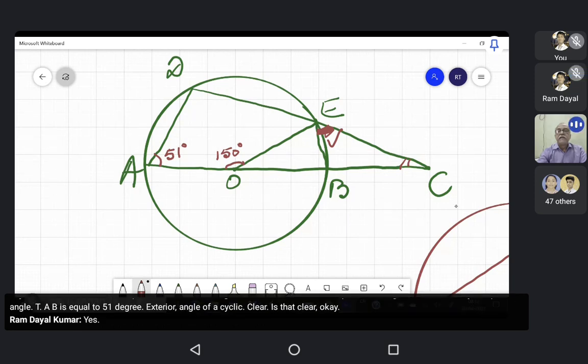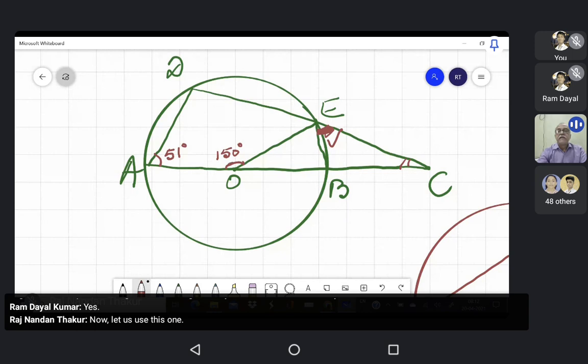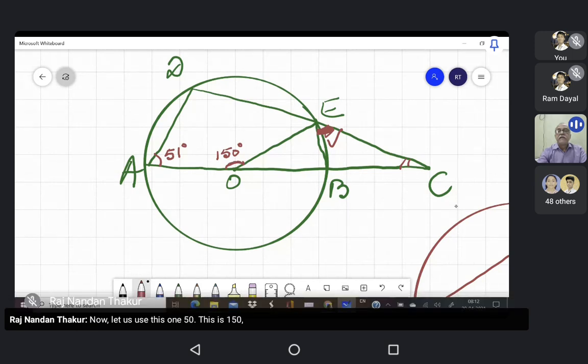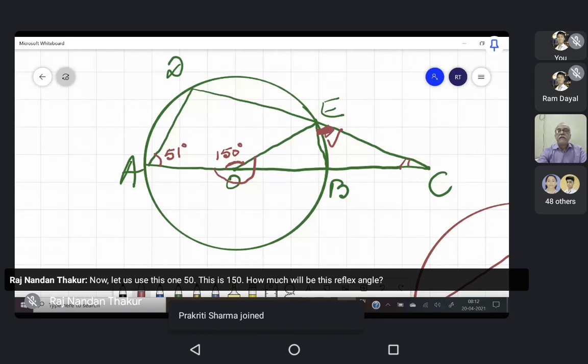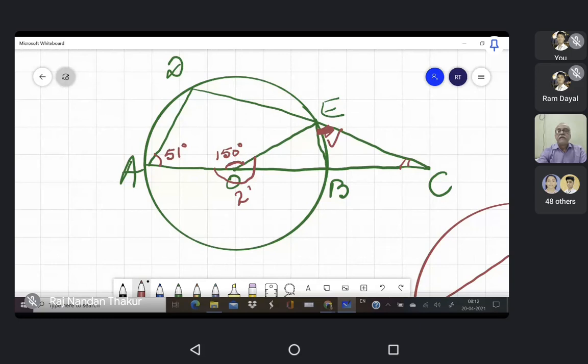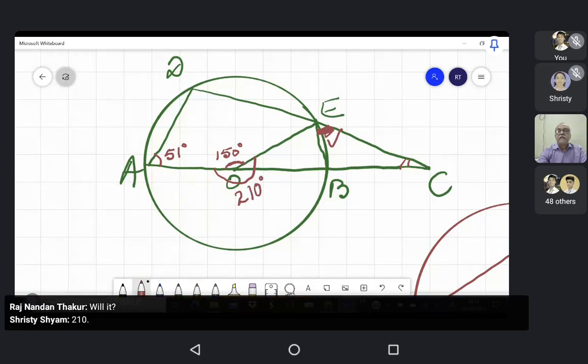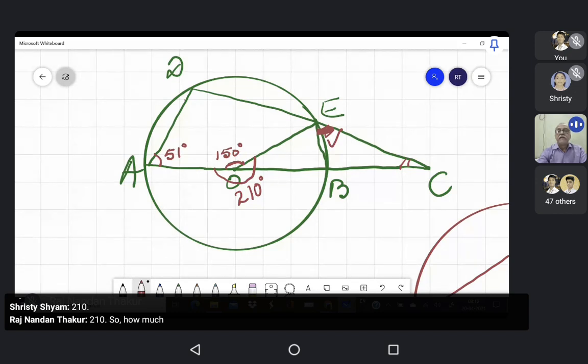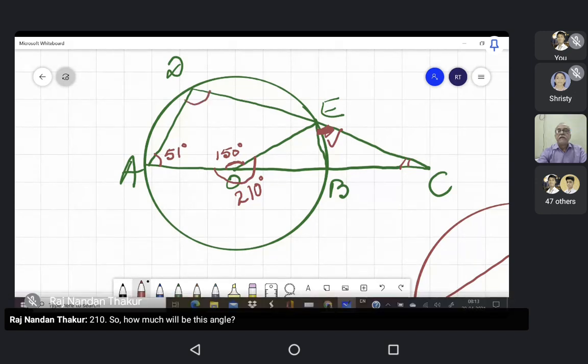Now, let us use this 150. How much will be this reflex angle? 210. So how much will be this angle?